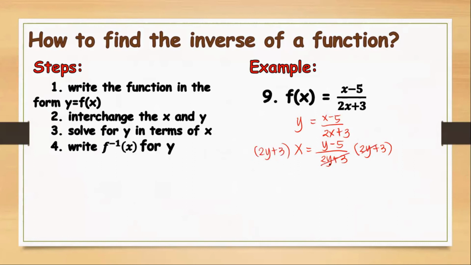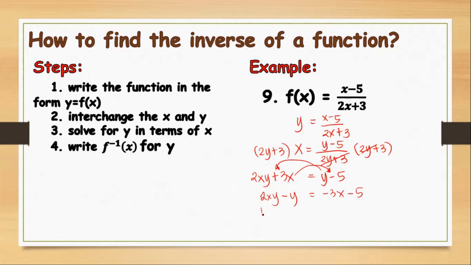Then we can cancel this. We get 2xy plus 3x equals y minus 5. Then all we have to do is transfer y on the left and transfer 3x on the right. So we have 2xy minus y equals negative 3x minus 5.